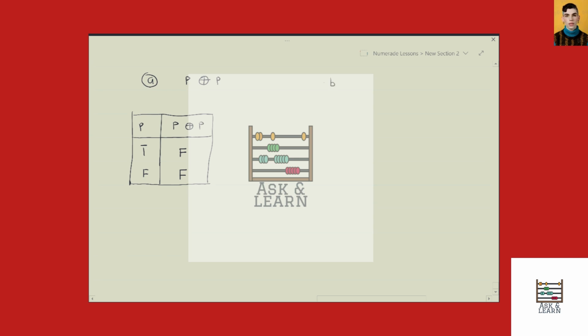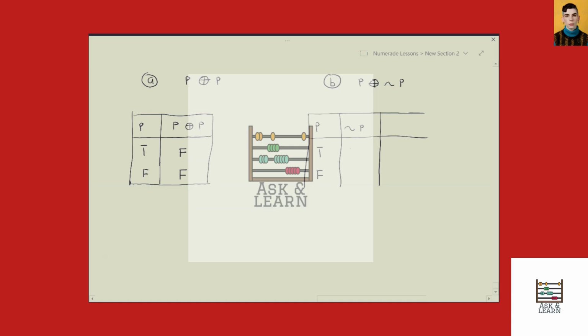The next one, B, that is P or the negation of P. So here too we have the P. We have the negation of the P. We have true and false.